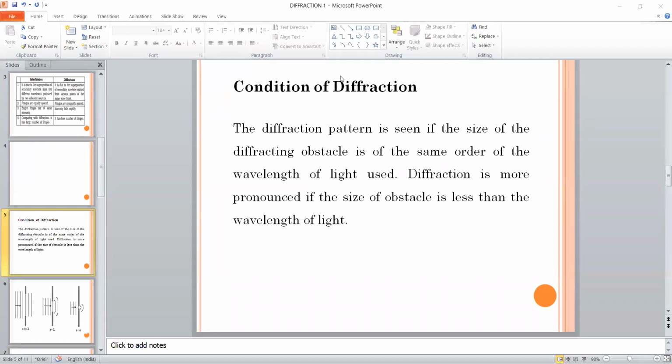Condition of diffraction: the diffraction pattern is seen if the size of the diffracting obstacle is of the same order as the wavelength of light used.